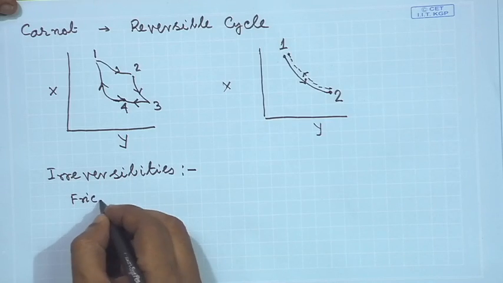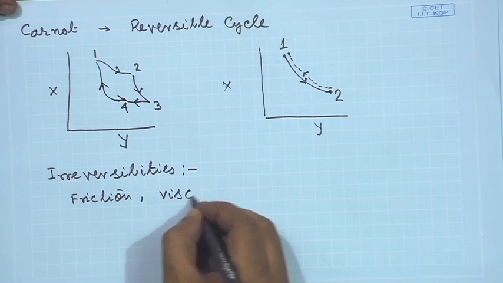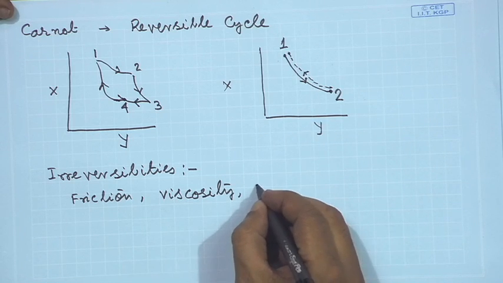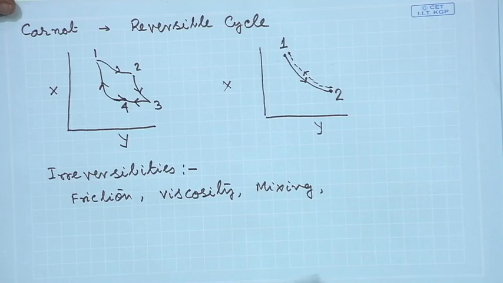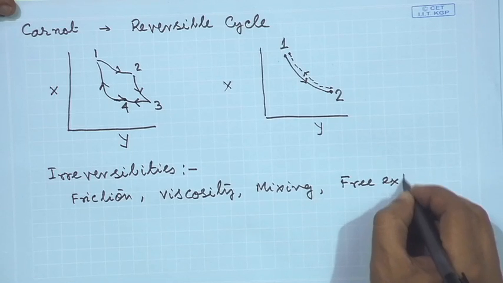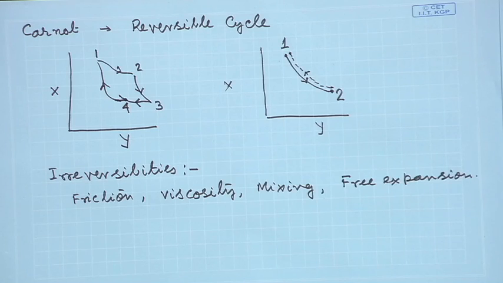Similarly, there are effects which make the process irreversible. Friction is one, viscosity for fluid bodies is another. Then mixing of two fluids is another. Then free expansion could be yet another process in which irreversibility generates.